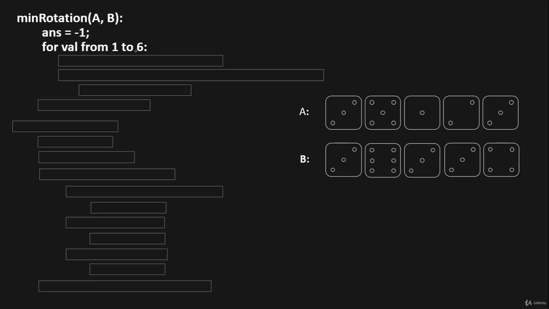We're going to iterate through the array from left to right at the same time for each number from 1 to 6. Then we're going to call a helper function, and the helper function will return the minimum number of rotations such that array A or array B contains the same value. If there is no such rotation, then it will return -1.